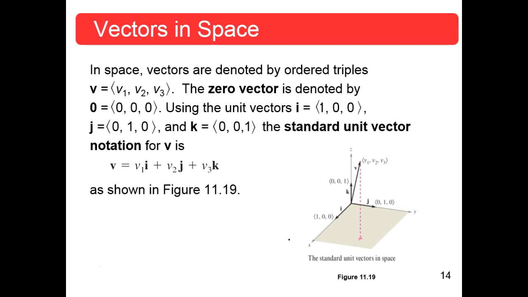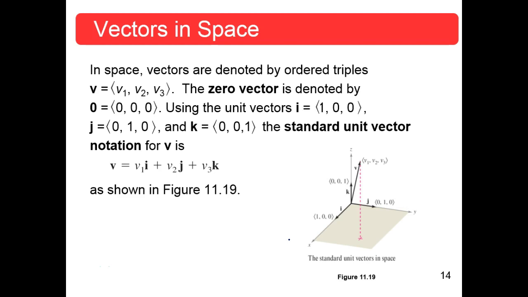Now, your standard unit vectors here just extend one more digit. 1, 0, 0 is your i vector, the j unit vector is 0, 1, 0, and the k, of course, is 0, 0, 1. Standard unit vector notation. Then v is v1 i plus v2 j plus v3 k. Pluses in between rather than just commas.